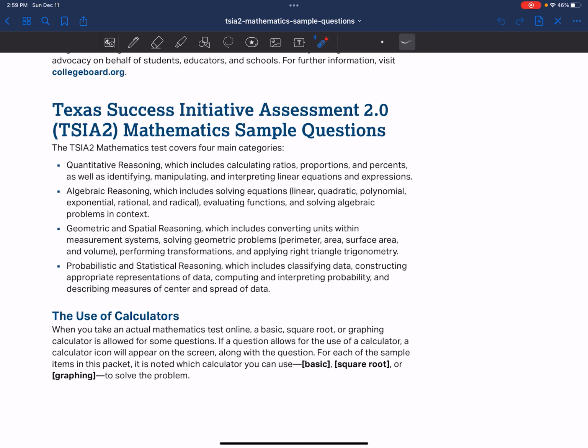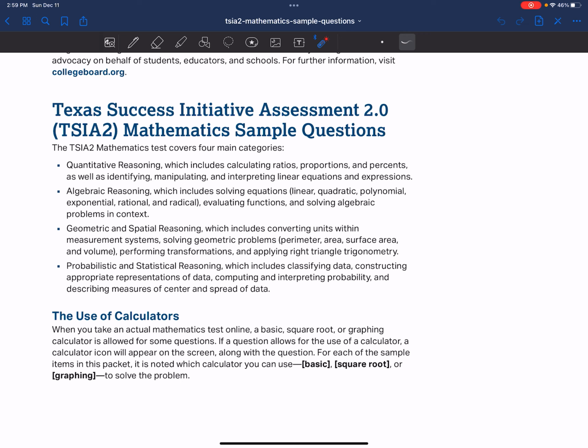And that's stuff you cover in middle school. As well as statistical stuff, so that's like mean, median, mode, range, right? Those nice words. And the last thing to note is the use of calculators. On the TSI, you will not be provided a physical calculator. You will need to use the calculator that is built into the online test.